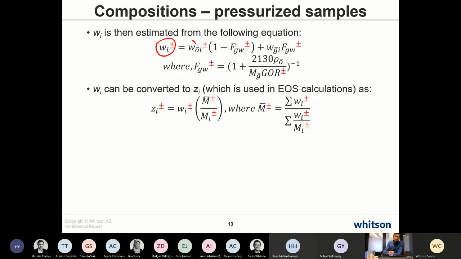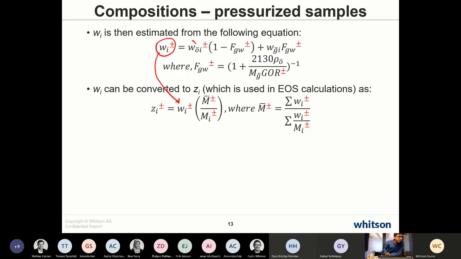You can convert the mass fractions to mole fractions using arbitrary component molecular weights, and the average molecular weight can be calculated from this equation, knowing the mass fractions and the individual component molecular weights. So the mole fraction has uncertainty, not just because of the uncertainties here, but also because of uncertainty in the average molecular weight and the individual component molecular weights.